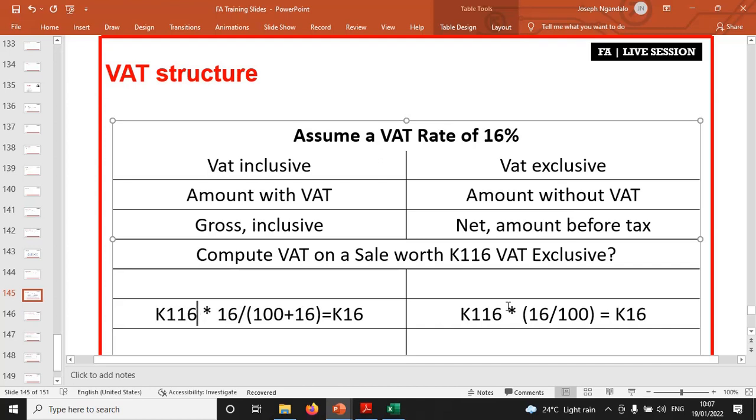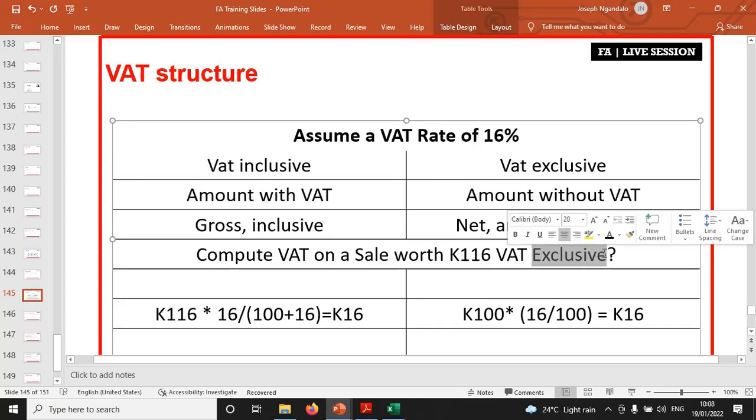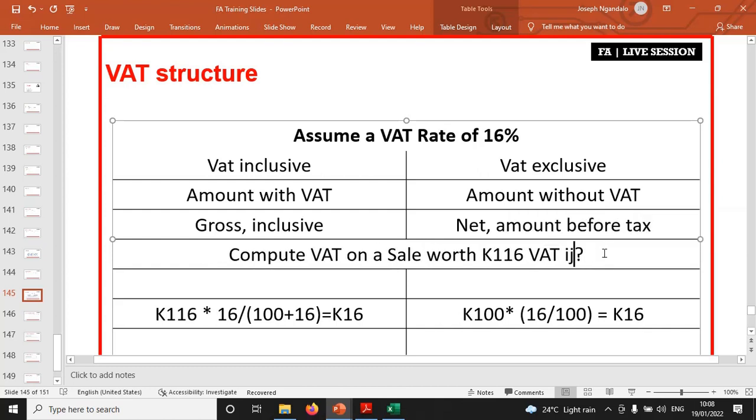And then here I'll write 100, so that we correct this. So we're saying if the VAT is inclusive, meaning amount with VAT. Inclusive. I'll just write like this.